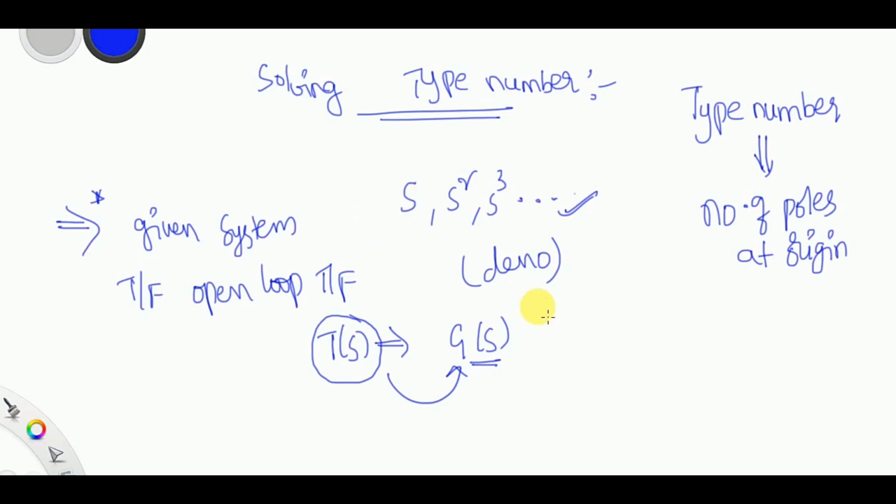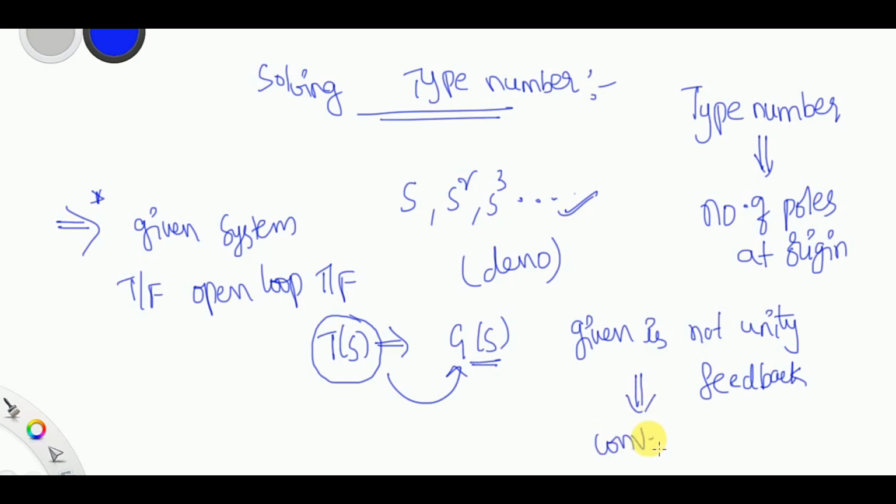The other important point is, if the given system is not a unity feedback system, then you should convert it into a unity feedback system.